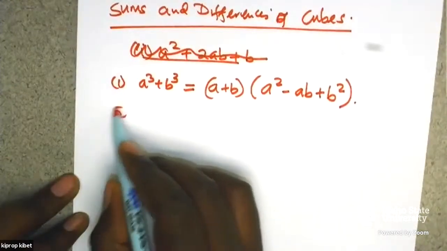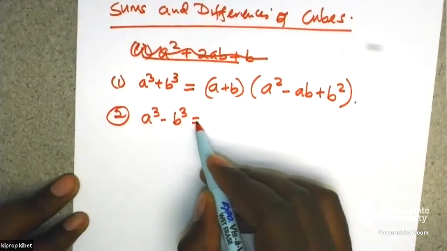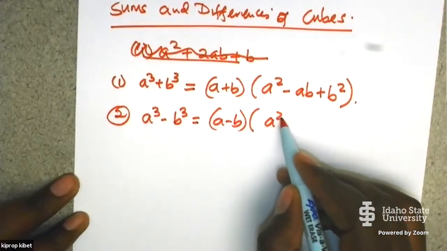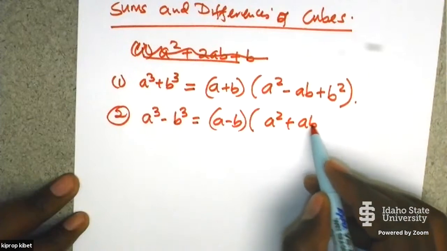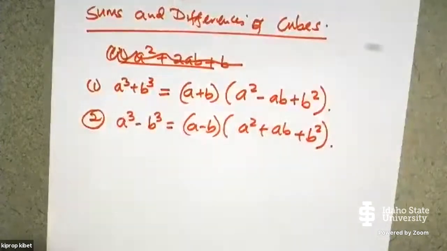Number 2: a cubed minus b cubed is equal to (a minus b)(a squared plus ab plus b squared). So you need to remember this.